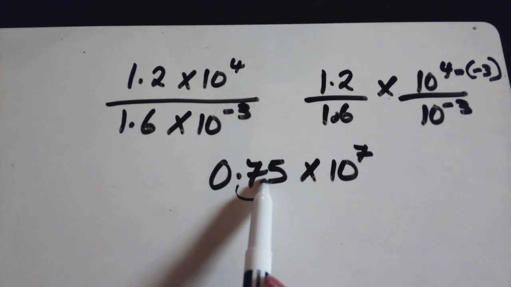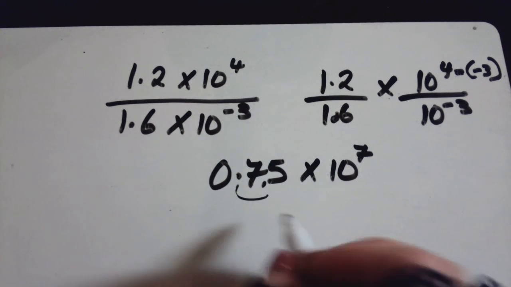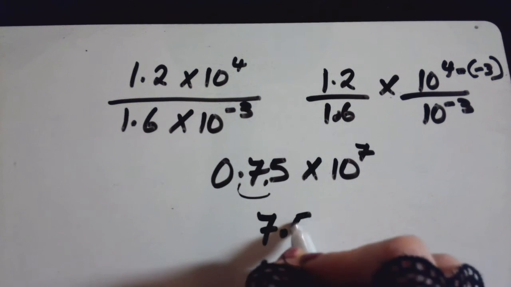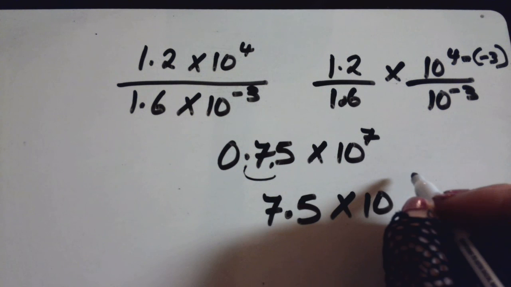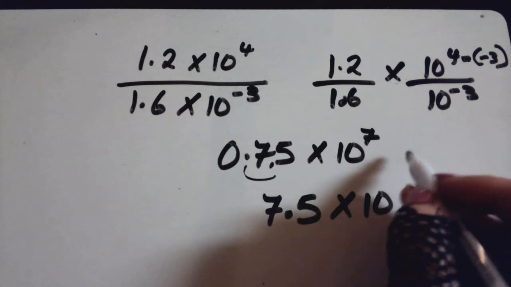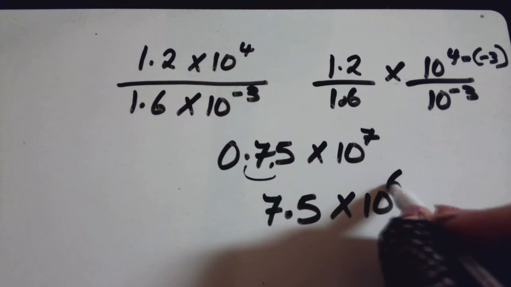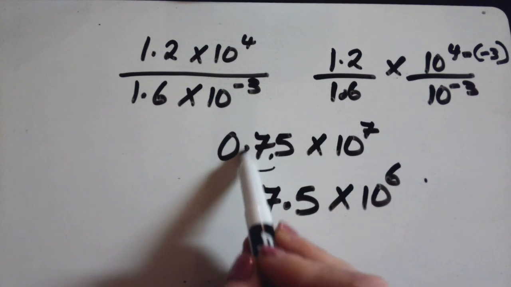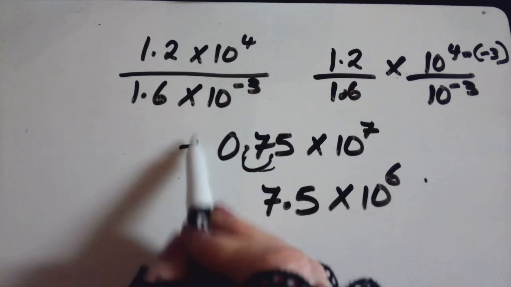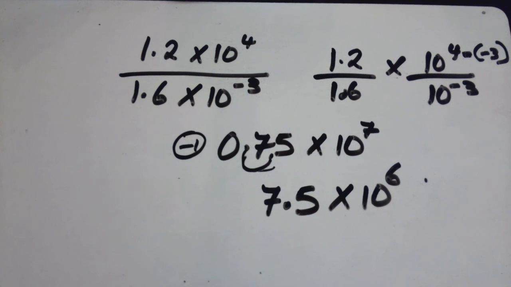So we're going to move it here. When we do that, we subtract 1. 7.5 times 10, and if we subtract 1 from 7, then we end up with 6. So the other way here it moves, and we subtract 1. When we're multiplying, we added 1. So just remember that, and that's it. Bottom line.